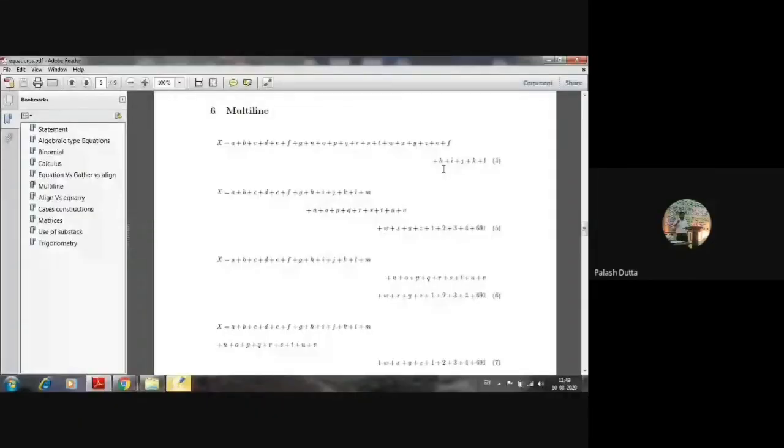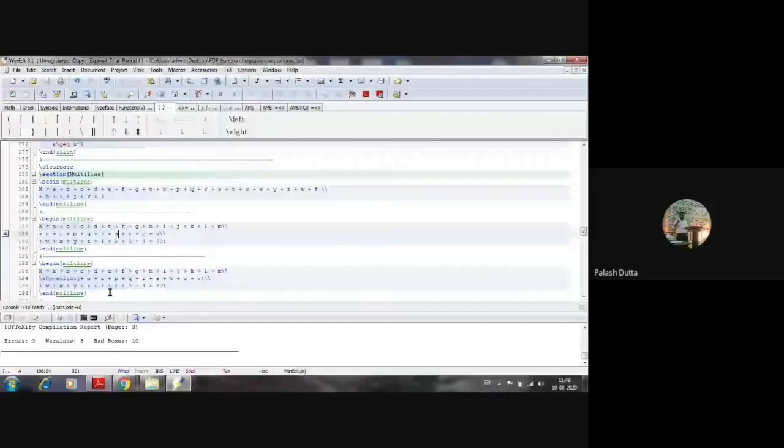Suppose we need three lines, then our expression will be this. We write it this way: begin multline, end multline. In between we write x equal to this much. Then we need the next line, so we use this space. Then we have written the next line. Then we have given the double slash, then the next line, right?